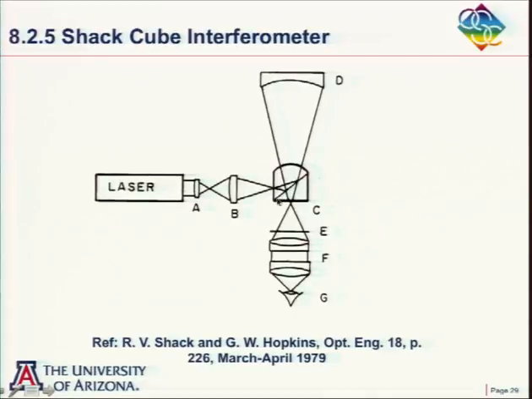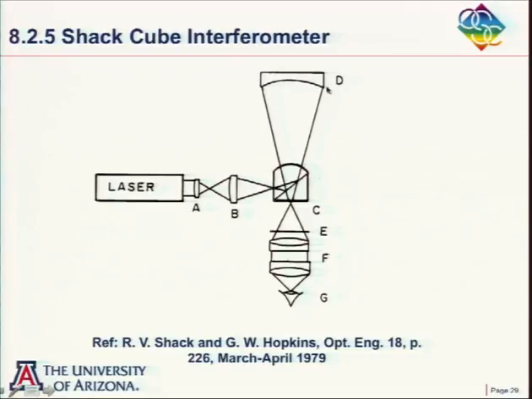The pinhole is mounted right there, and I'll show you a picture of one of these interferometers in a minute. So here's our beam splitter, and the light goes out here. Now this is normally used just to test concave surfaces. If we want to test a convex surface, we have to add some other optics.